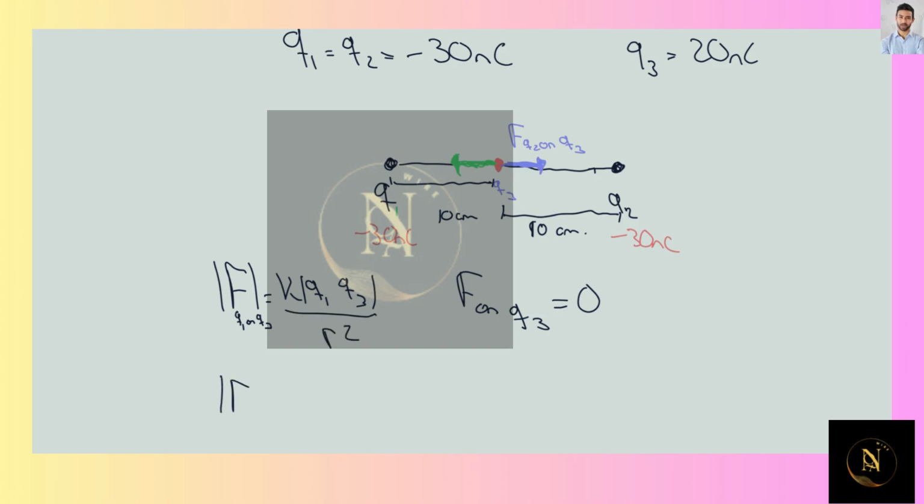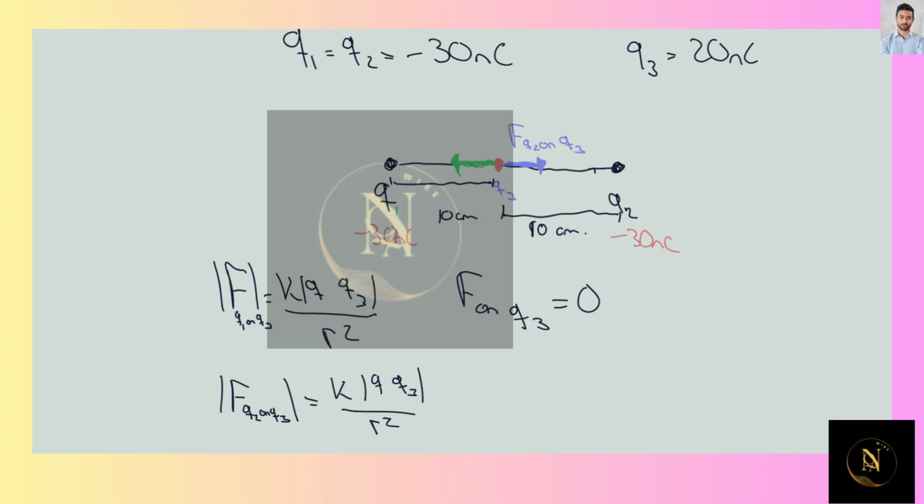And also the magnitude of the force of Q2 on Q3 would be K times the absolute value of Q2 times Q3 divided by R squared. In this case, Q1 and Q2 have the same value, so we can get rid of the subscript here. And we're going to get the same magnitudes because the distances are the same. Since the magnitudes are the same and the directions are opposite to each other, the vectors are going to cancel out.